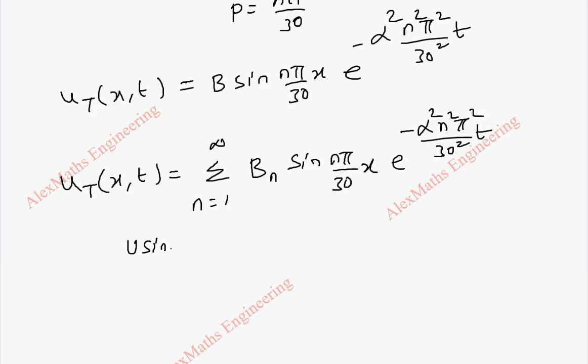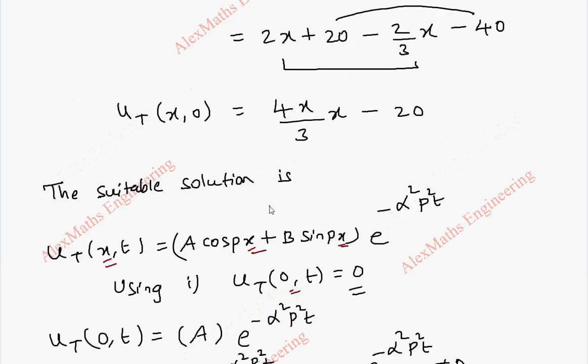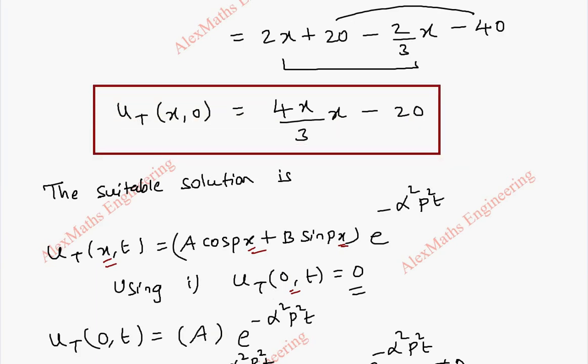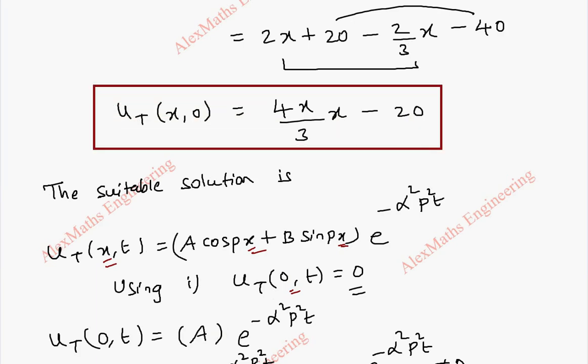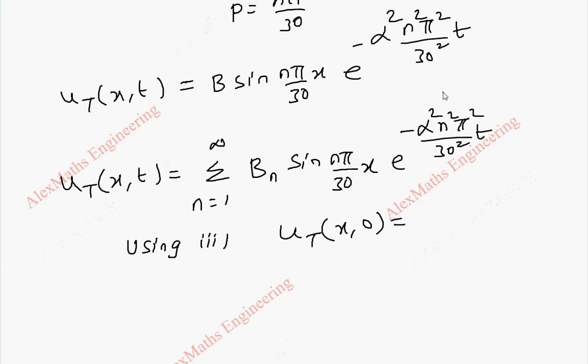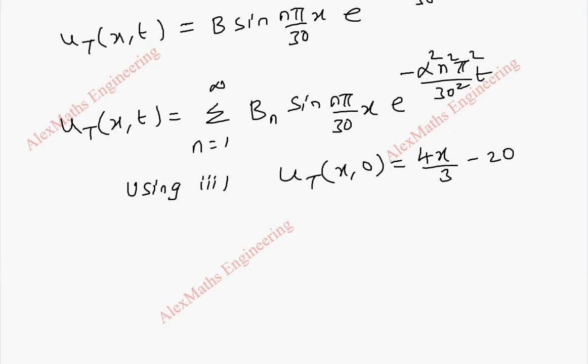Now we are going to use the third condition. Using the third condition, u(x, 0) becomes this: 4x/3. Actually it is only 4x/3 minus 20. So we write it here, 4x/3 minus 20. Wherever t is there, we have to substitute 0.